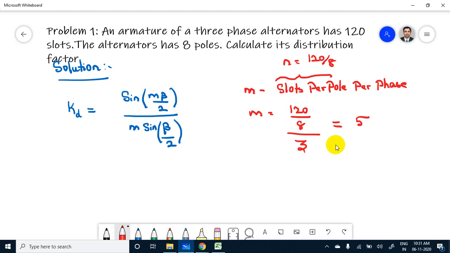Okay. Therefore, then we have to calculate beta. What is the beta formula? Beta equal to 180 degree divided by n. What does n mean? N is nothing but slots per pole. So slots per pole, what is the value? N equal to slots per pole, right? Slots means 120 divided by poles is 8. So what is the answer? How many degrees? Anyone?